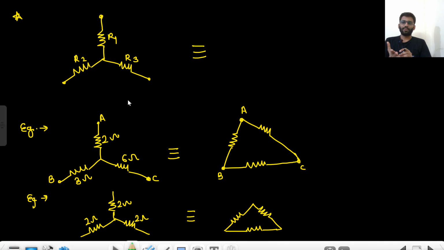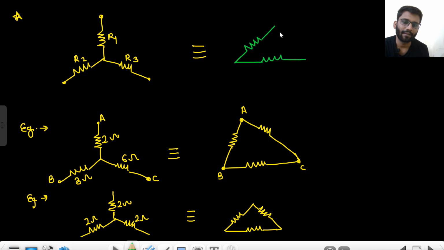Okay, so now tell me, for resistance, what will happen? We just need to convert it from star to delta. What will be the value here? Tell me.